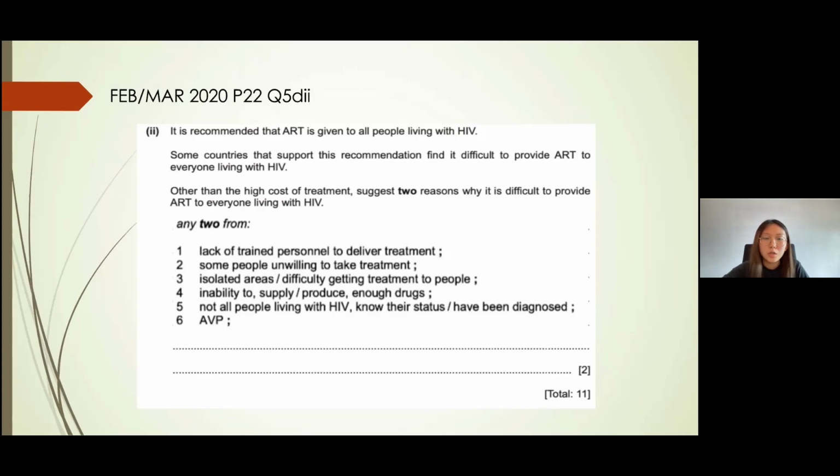It's because of the lack of trained personnel to deliver the treatment, and also some people are unwilling to take treatment, as drug treatment may have mild to severe side effects. Also, isolated areas are difficult to reach to get treatment to people infected with HIV, and there is an inability to produce enough drugs. And also not all people living with HIV know they have been diagnosed. Yeah, so next slide.